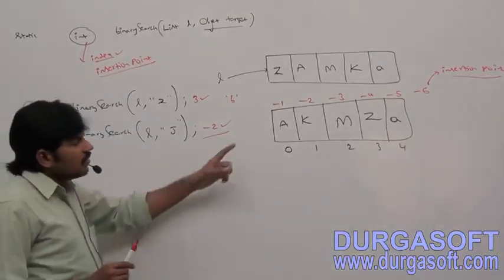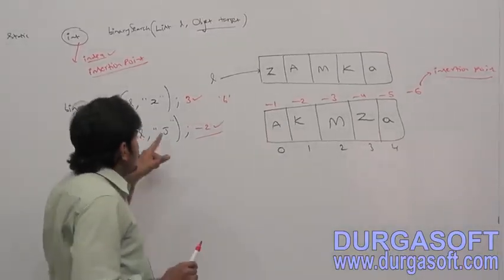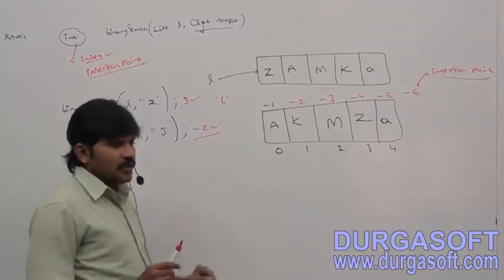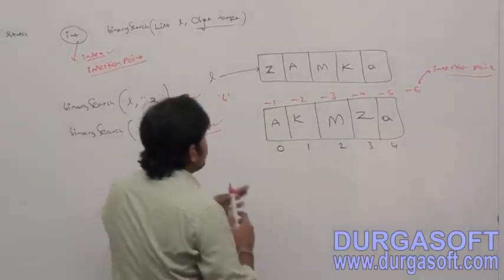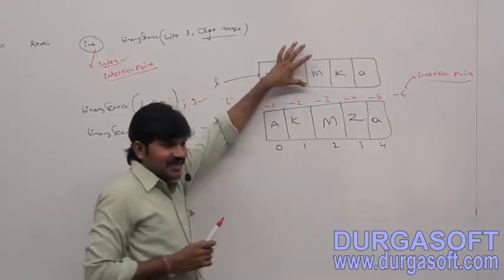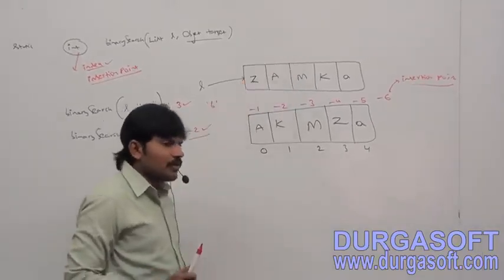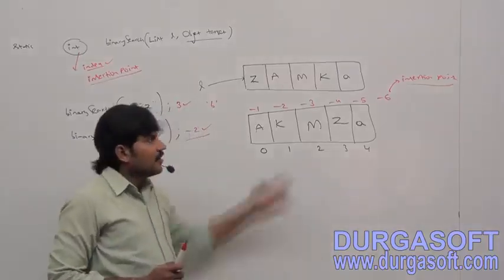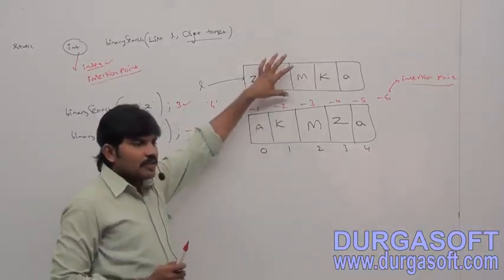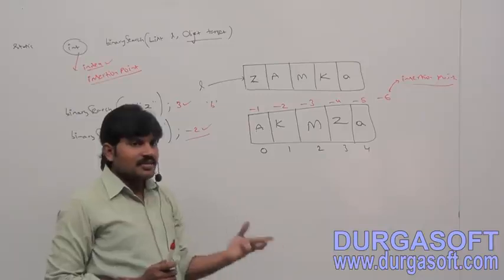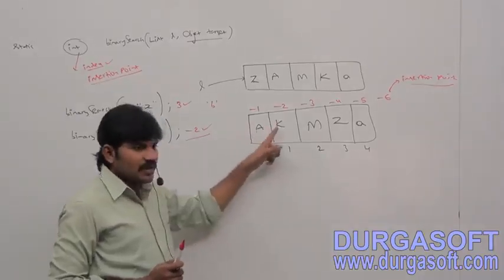Okay, sir, here you are telling J we have to place after A, but assume it is not my list, it is this list. This list is not sorted. Can you tell in this where you can place J? No, you can't tell. If the list is not sorted, you can't tell whether J should come after A or before.